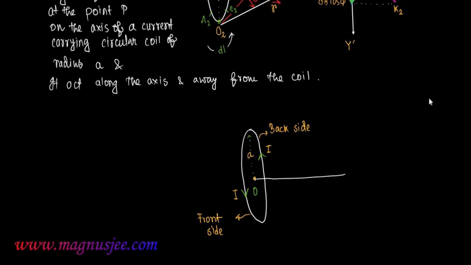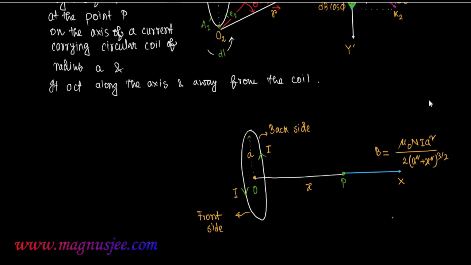Small a is the radius, and we can draw the axis OP which is perpendicular to the plane of the coil. X is the distance of the point P. At the point P, magnetic field induction B acts along x-axis. Magnetic field induction has the expression B equal mu 0 n I a square divided by 2 (a square plus x square) whole to the power 3 by 2.